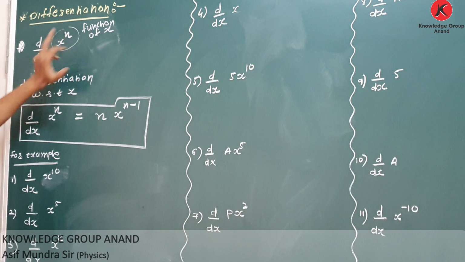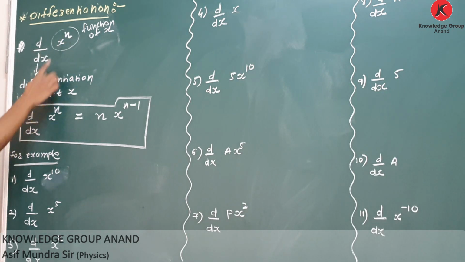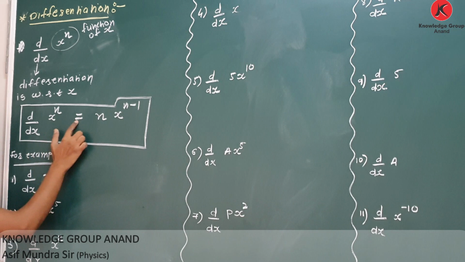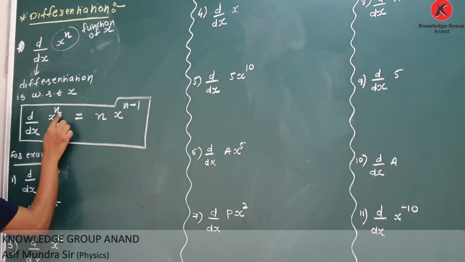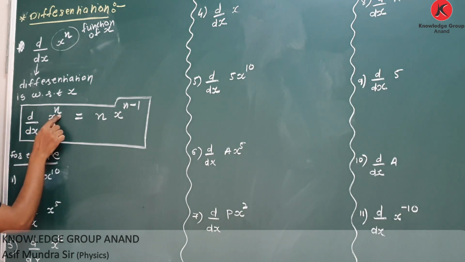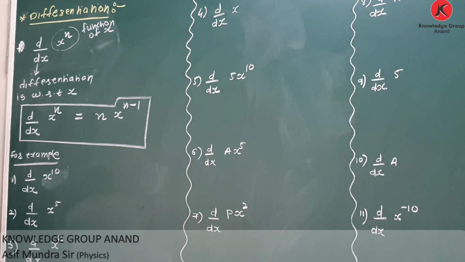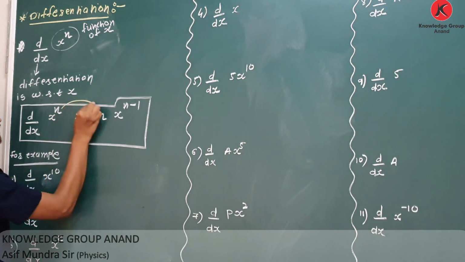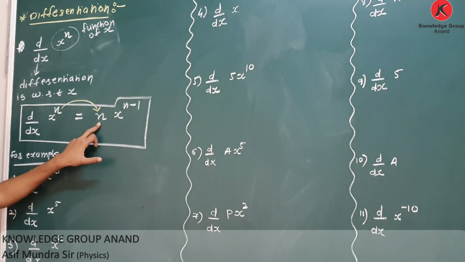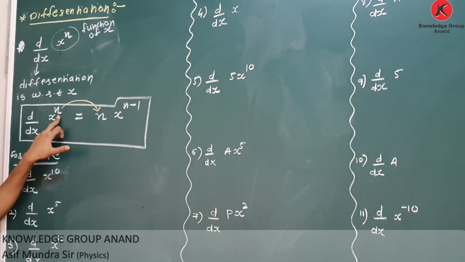Now x raised to n is one function of x. It is one formula. What is its answer? d upon dx of x raised to n: you have to take this power as its coefficient, so n as the coefficient, and for x you have to decrease one power.